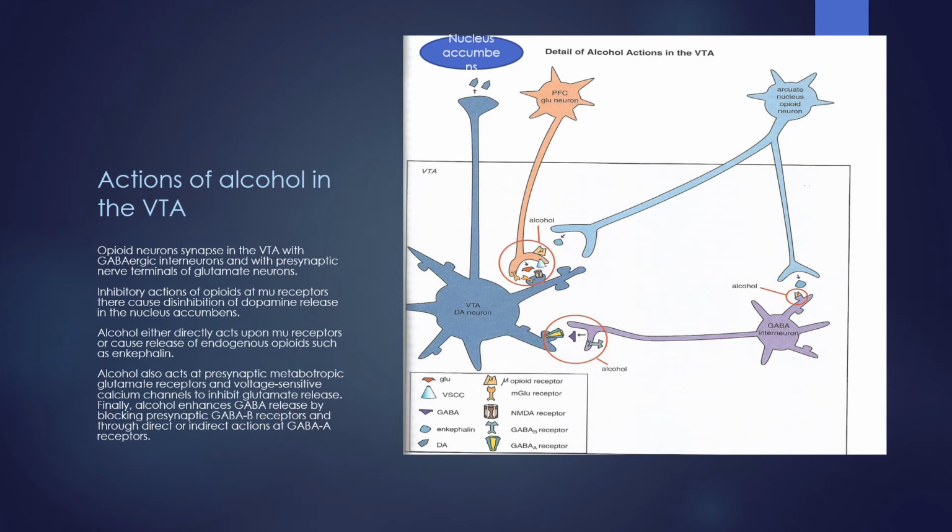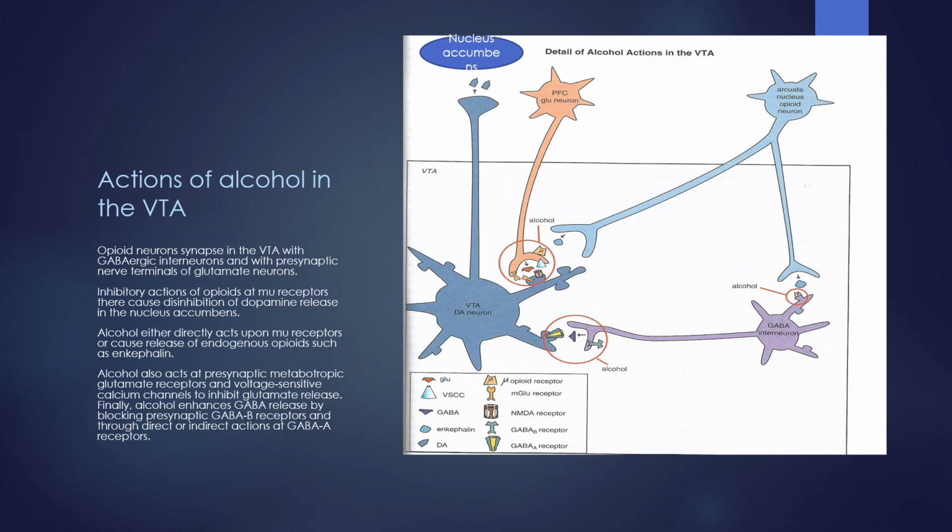And this glutamate is obviously released from the glutamate neuron into the synapse with the dopamine neuron. Now, how does alcohol play a role? Now, there is also another one, GABA-A receptors and GABA-B receptors. So what happens when we drink alcohol?